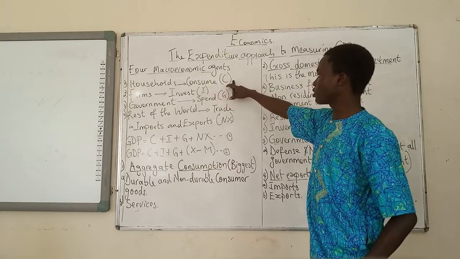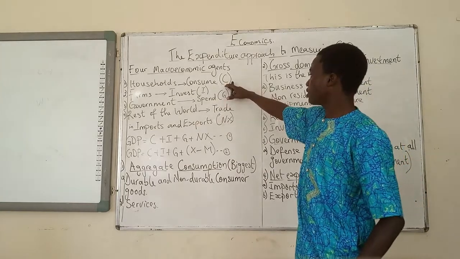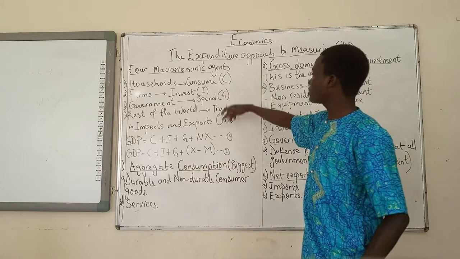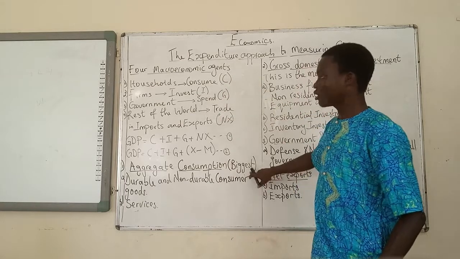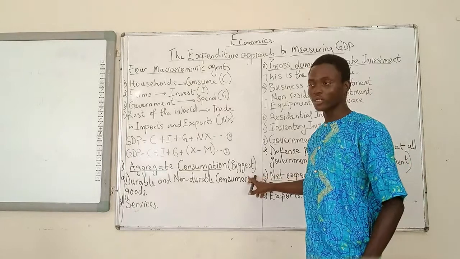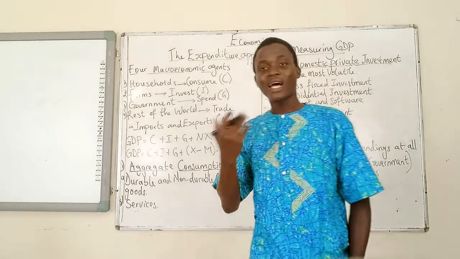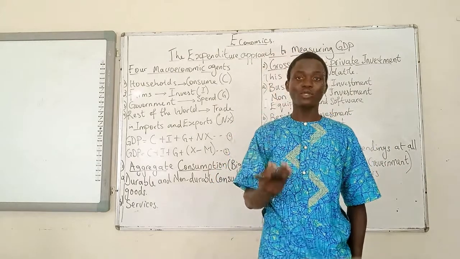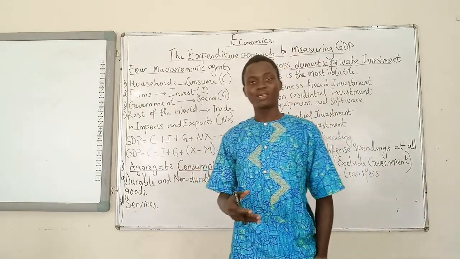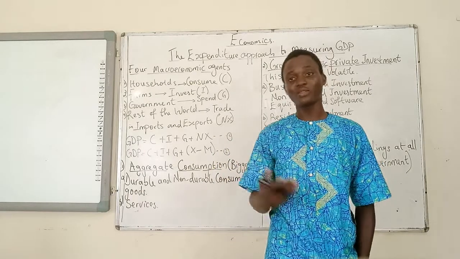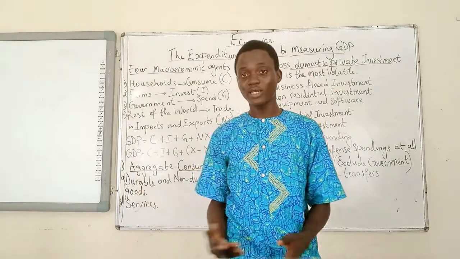I have already denoted this. So households consume, so we have C for consumption. We basically call it aggregate consumption, and it is the largest component of the GDP. That shouldn't be worrisome, simply because at the end of the day, everyone in an economy belongs to a household.